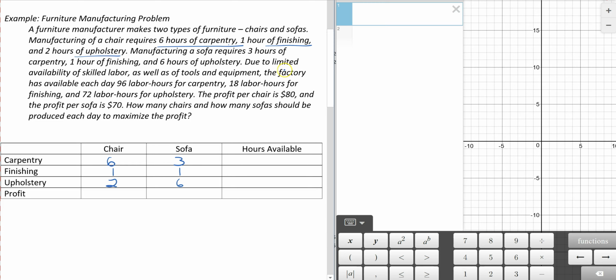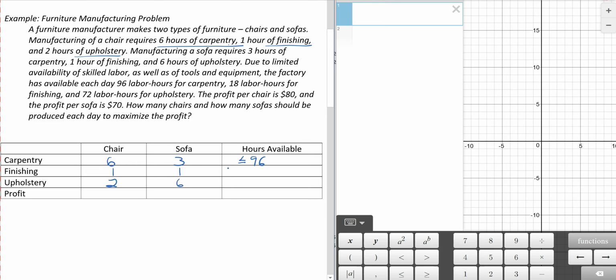We know that due to limited availability of skilled labor, as well as of tools and equipment, the factory has available each day 96 labor hours for carpentry. No more, but it could be less. So for carpentry, it's at most 96, so I write less than or equal to 96 there. I could also write the words at most 96.